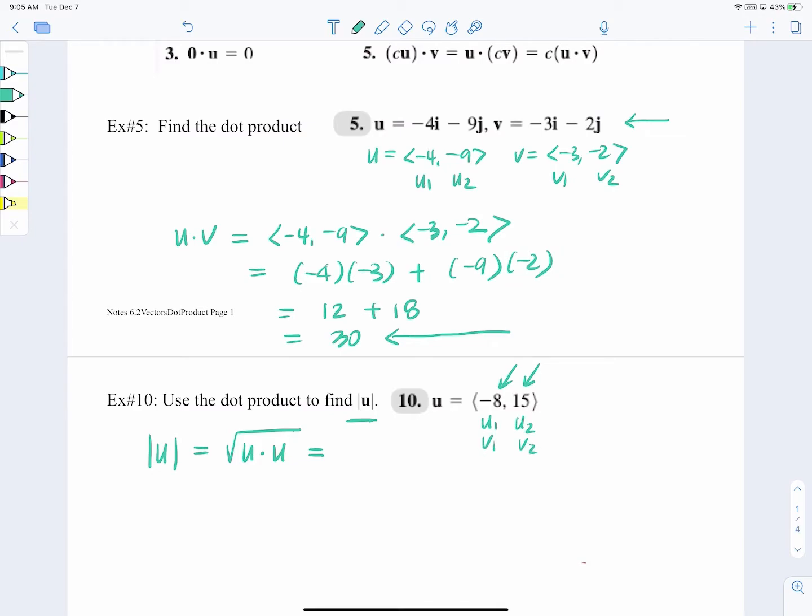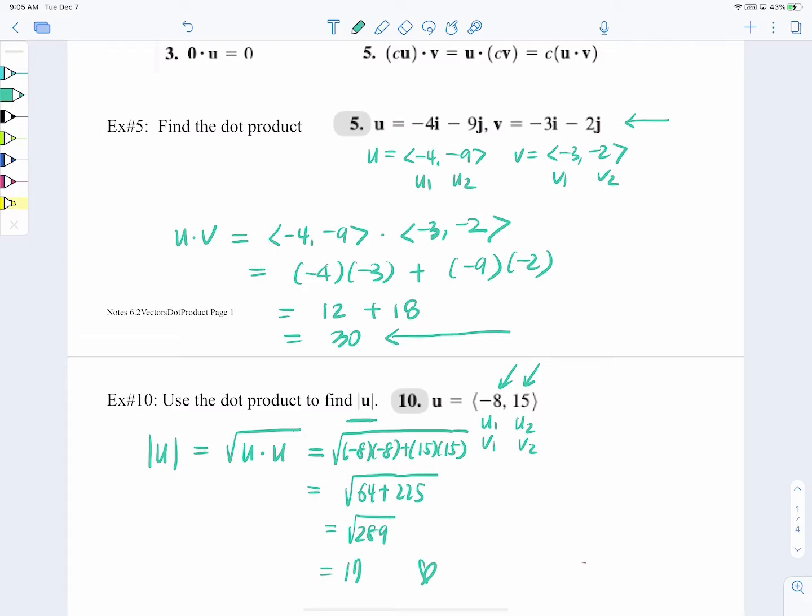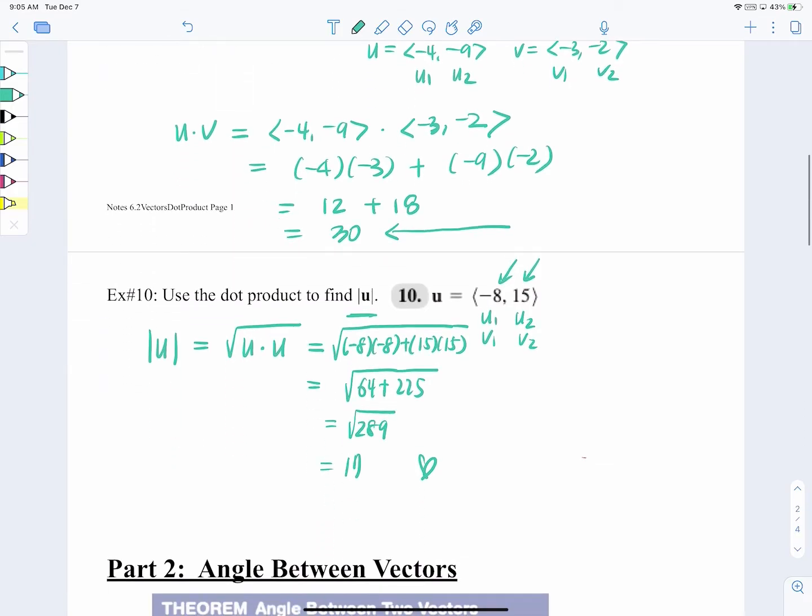So it's going to become negative 8 times negative 8, plus 15 times 15, right? So we get 64 plus 225, which gives us 289, square root of, and you get 17. Okay, the dot product and the magnitude are really similar if you're only talking about the vector itself, okay?